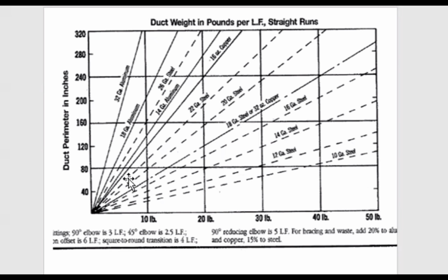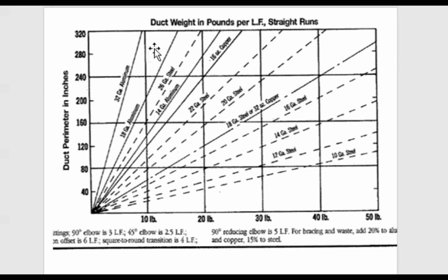If it was the lighter gauge, that 22 gauge steel, we're over a little bit more like 6 pounds per foot. So it gives you an idea of how much each of those runs weigh, so you can figure out how to install it, what kind of equipment you need or manpower you need to put it into place.